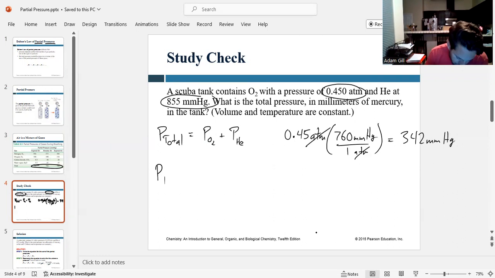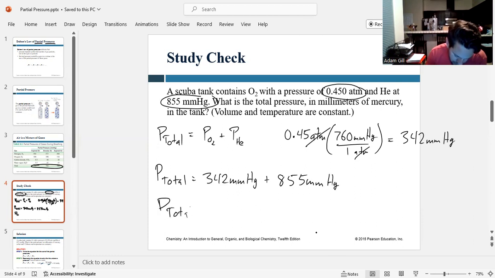So P total is equal to the pressure of the oxygen we just solved for, 342 millimeters of mercury, plus the pressure of the helium, which is given at 855 millimeters of mercury.